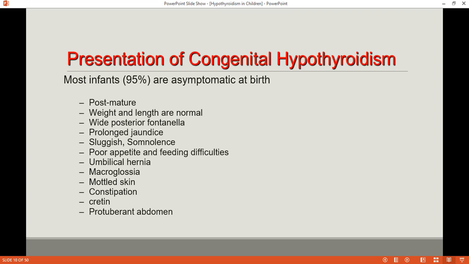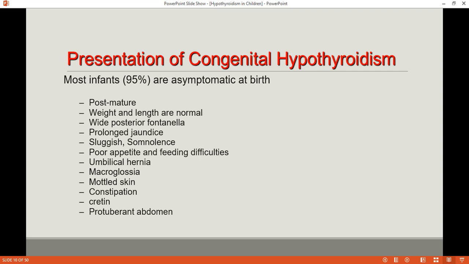This symptom may alert us to consider hypothyroidism. Then poor appetite and feeding difficulties. Feeding difficulties are common, but at that time the mother cannot recognize what the problem is. There is a feeding problem, poor appetite, and sluggishness. So this may be a case of congenital hypothyroidism.